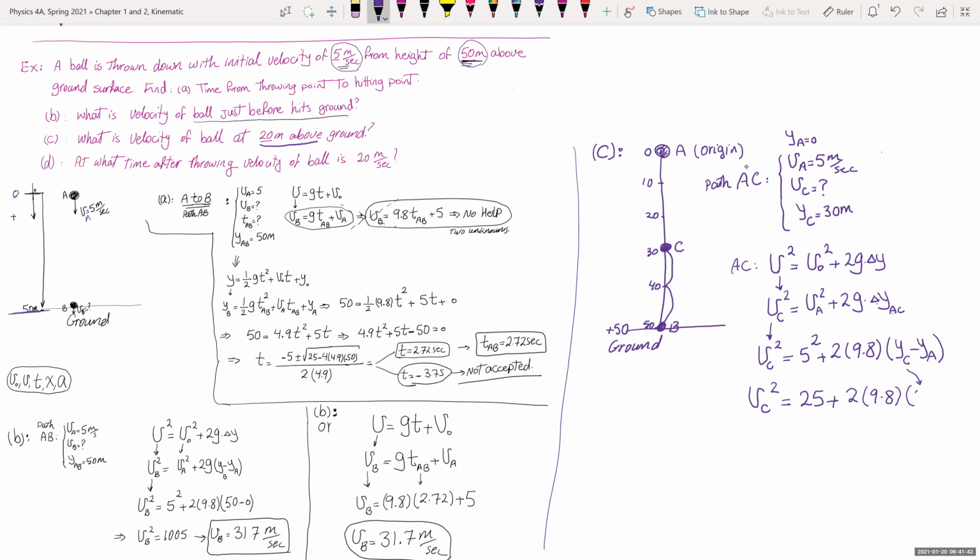How much is YC? 30. 30, yes, it's the final position. YA is 0. Therefore, we can find VC. Go ahead, find it and take the square root. You will have two answers, but which one is accepted? The one that is positive, because we assume everything is positive in downward free fall, which it is. So how much is the answer?